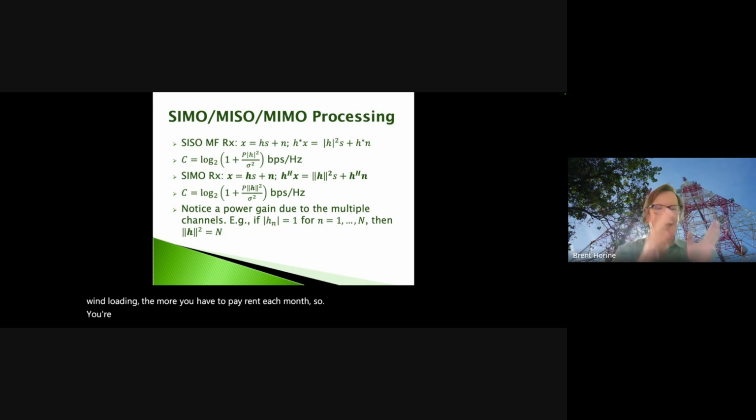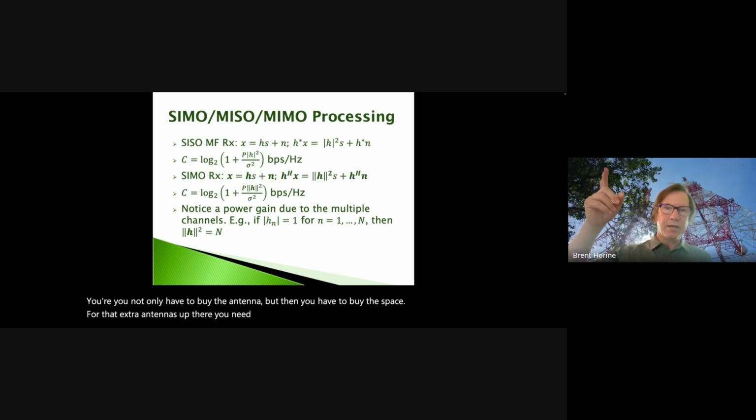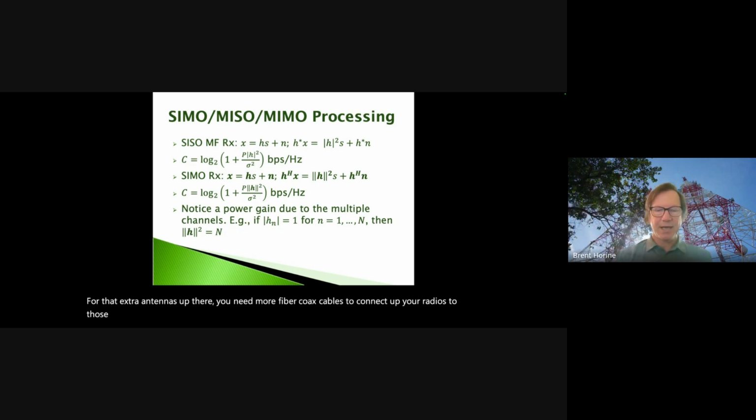You not only have to buy the antenna, but then you have to buy the space for that extra antennas up there. You need more fiber or coax cables to connect up your radios to those antennas, and you need a separate power amplifier and maybe some filters and some other RF equipment.